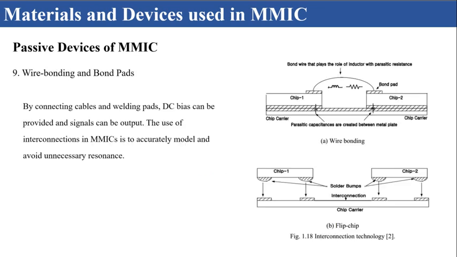By connecting cables and winding paths, DC bias can be provided and the signal can be output. And the use of interconnections in integrated circuits is to accurately model and avoid unnecessary resonance.